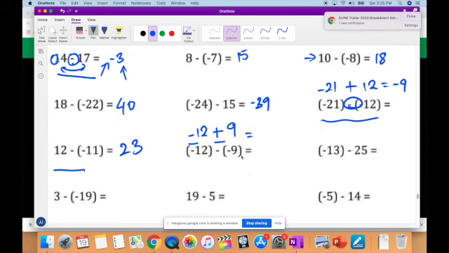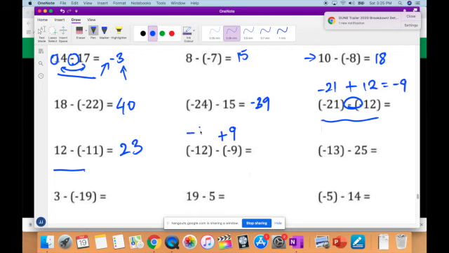So once you have different signs, you find the difference. Now, of course, it looks all the same over here, but the problem is that this is a double negative. Because that is a double negative, a negative and a negative, this becomes a +9.